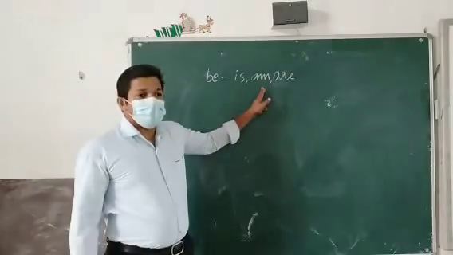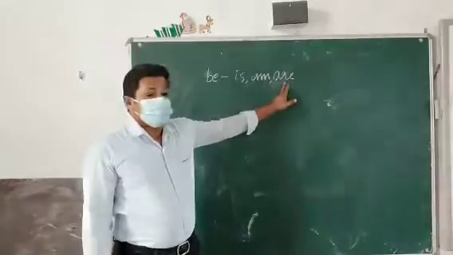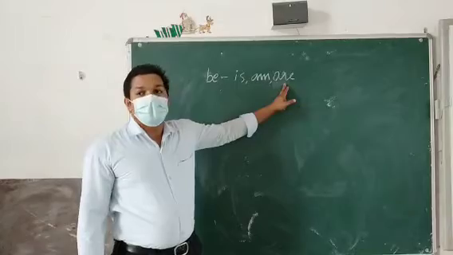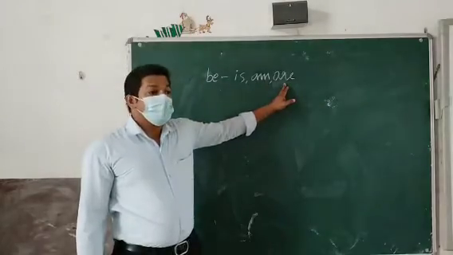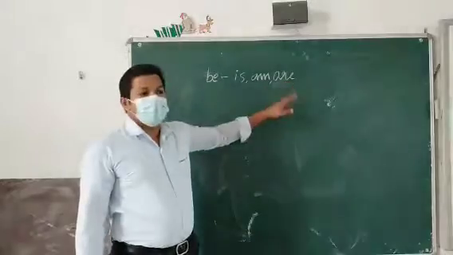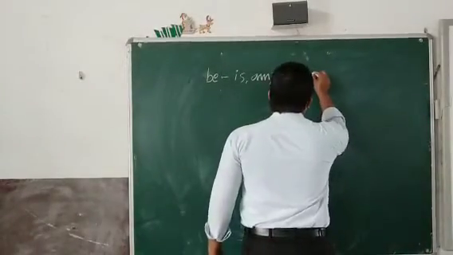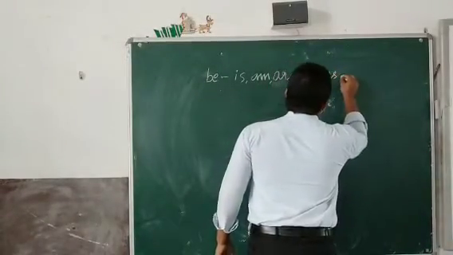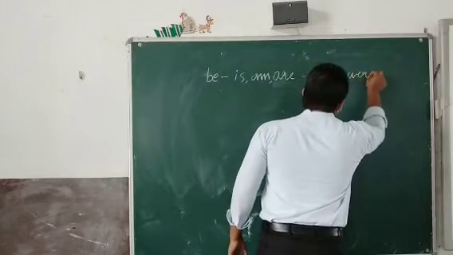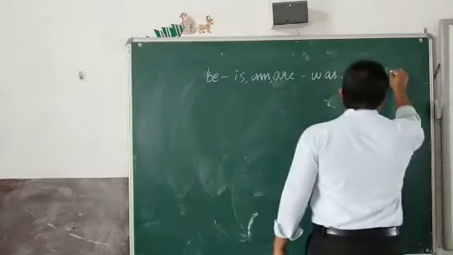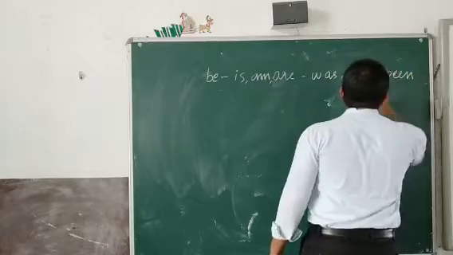If I is the subject, am is used, and if any plural like we, you, they, or any other plural subject is coming, then are is used. Then again, as a continuation of this, was, were, and one more last form, that is being.